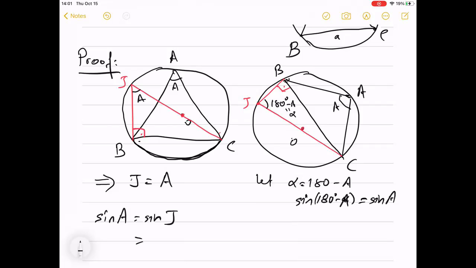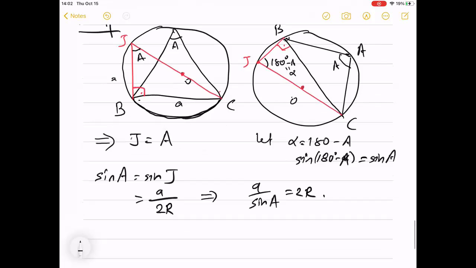If you look at this red triangle including BC, this side is a, and sine J, from the first picture, is a over the diameter. Therefore, a over sine A is equal to 2R. So this is the first one of them.